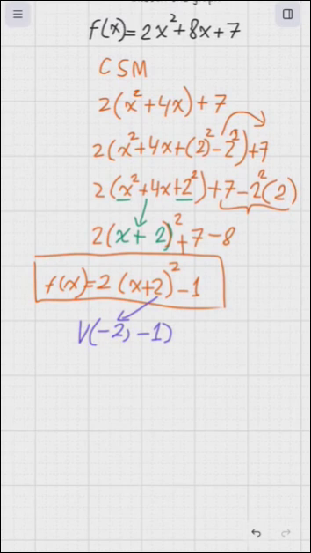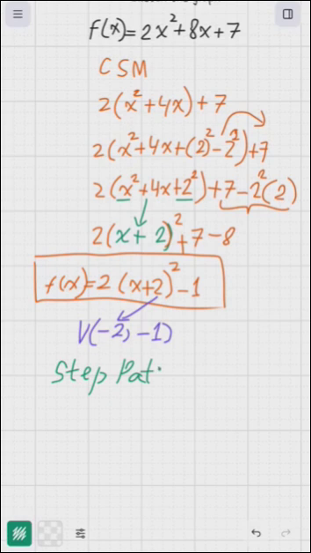Now let me draw it. The step pattern is basically 1, 3, 5, 7, the odd numbers.